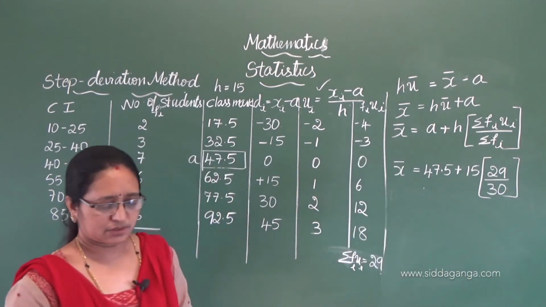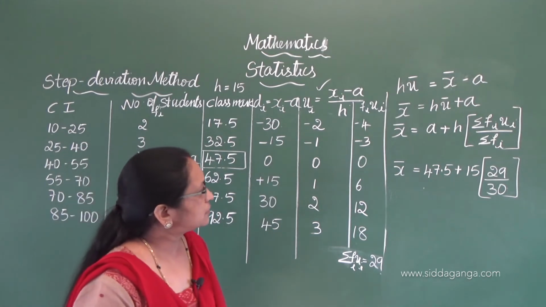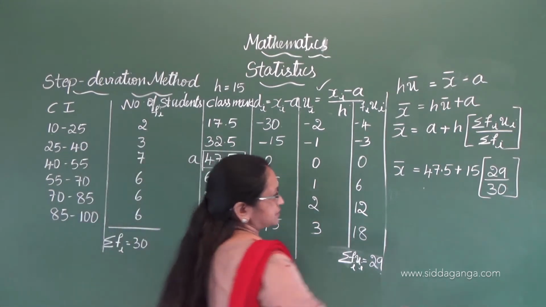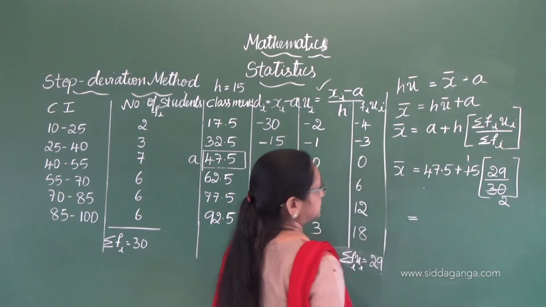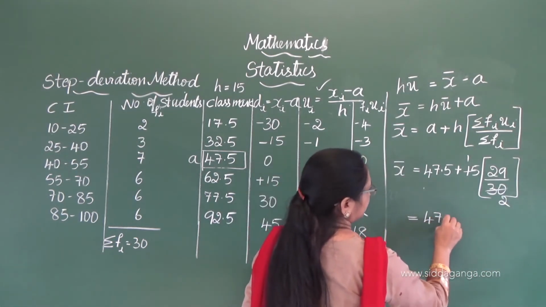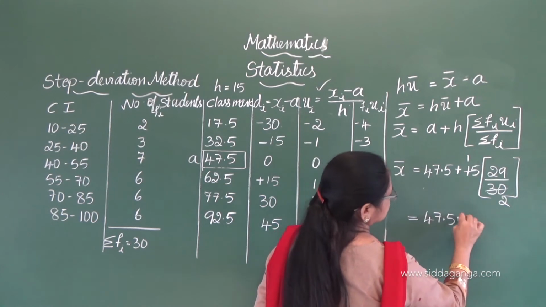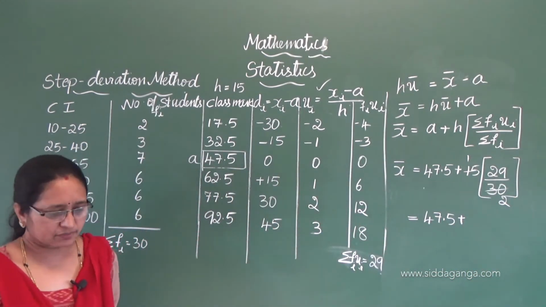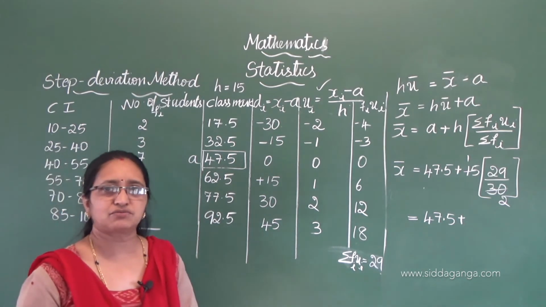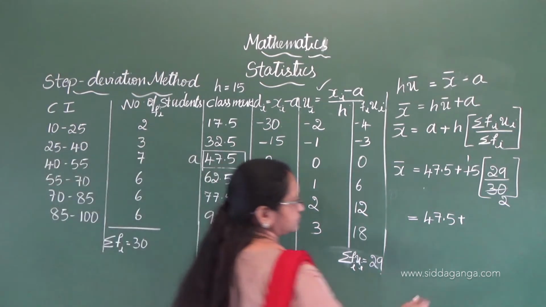Now, it is easy to calculate. See here, 15 ones are 15, 15 twos are 30. Let us simplify it: 47.5 plus 29 divided by 2. So, 29 divided by 2 we will get 14.5.